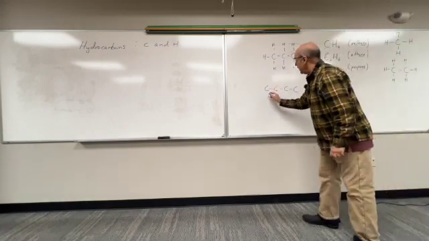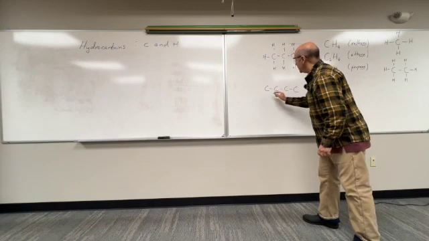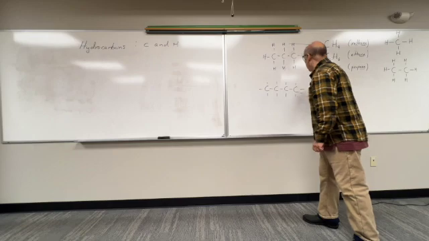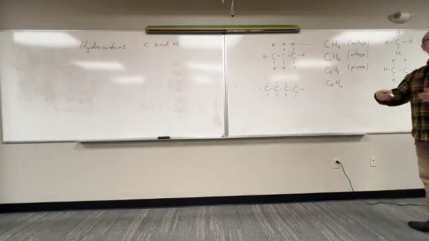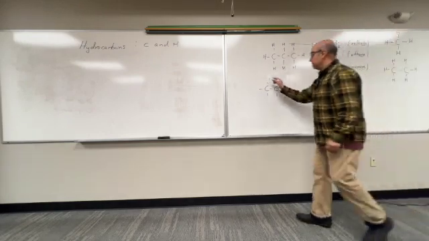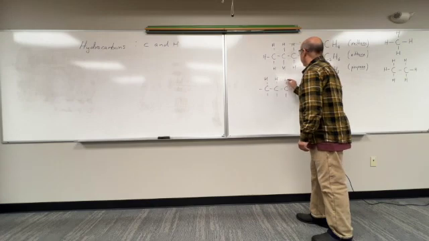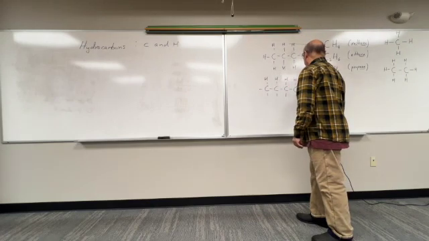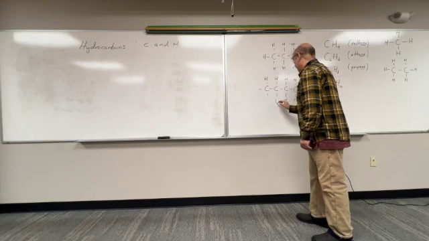So each carbon has to have 4 dashes. Now if we put hydrogens there and count them, we do have indeed 10.